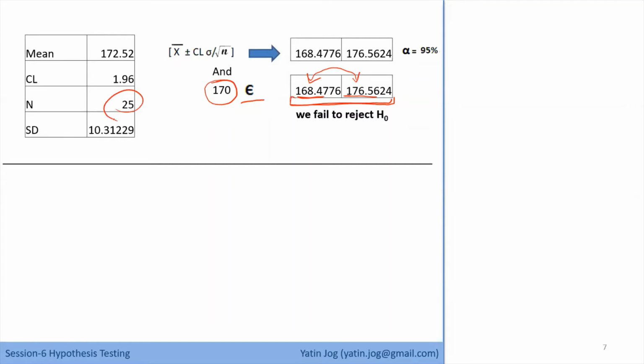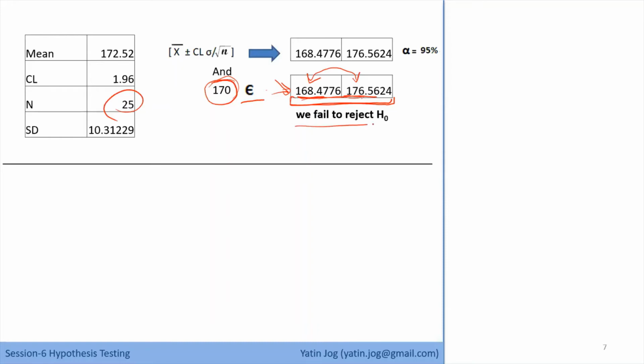If a second item is at 176.1, I'll accept it. If a third item is at 170, I'll accept that item. So all the values between 168.4 and 176.5 are the accepted values of hardness. And if 170 belongs to the accepted range of the 95% confidence interval, that means my basic assumption, H0 mu equal to 170, is correct.